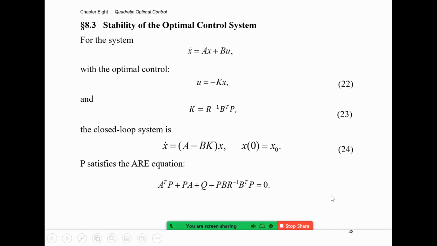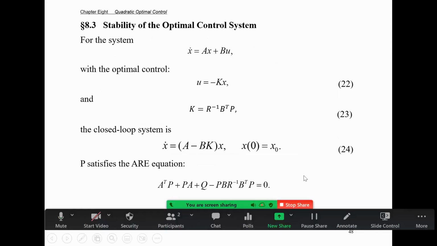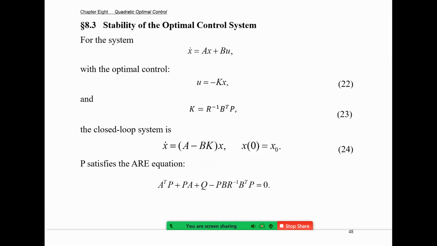Now, as I mentioned, we need to show the stability. We haven't proved that yet, but let's try to show that. In the previous solution, when we do the integral, we assume that the system is stable. We say the state variable at time goes to infinity is 0. But now let's try to show that this is the case.